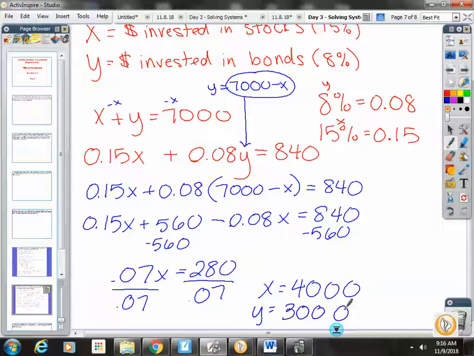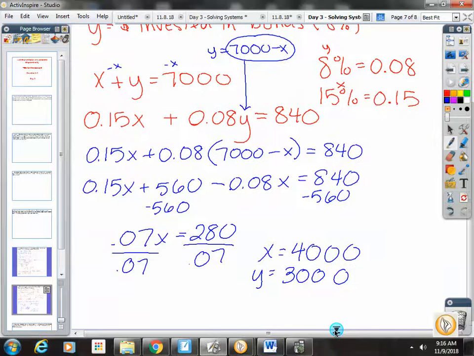Okay, so let's summarize this with a sentence. It says how much should be invested in each rate to get a return of $840 annually from the two investments.